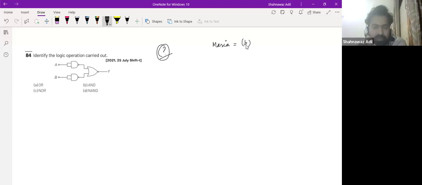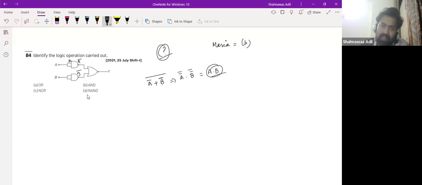So this is A, this is A bar, this is B bar, and then you have to add and then take bar. So A bar plus B bar and then bar. What would be this thing? This would be A bar bar dot B bar bar. So this is A into B. So this is AND gate. Right, guys?